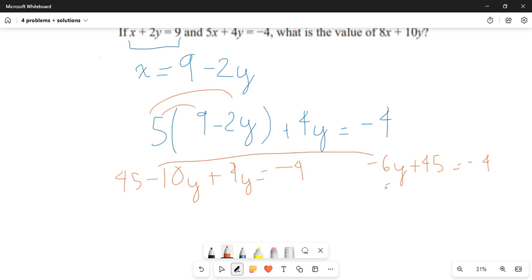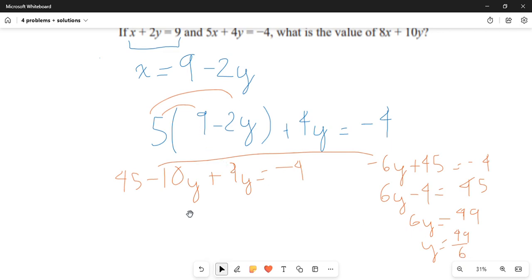If we get the 6y on the other side, it would be 6y minus 4 equals 45. And then you would get that 6y is equal to 49. So y is equal to 49 over 6. And then that's our system of equations.